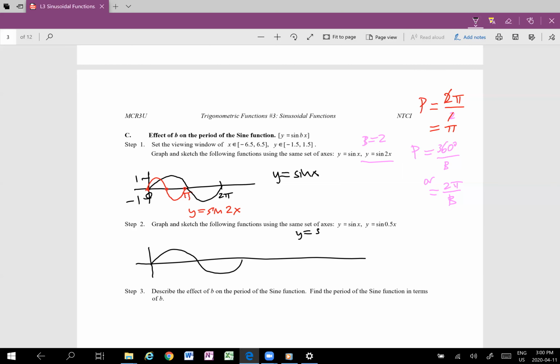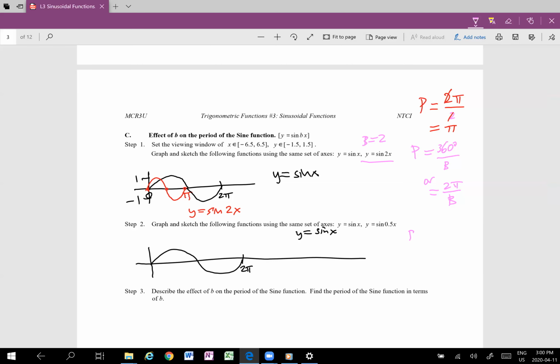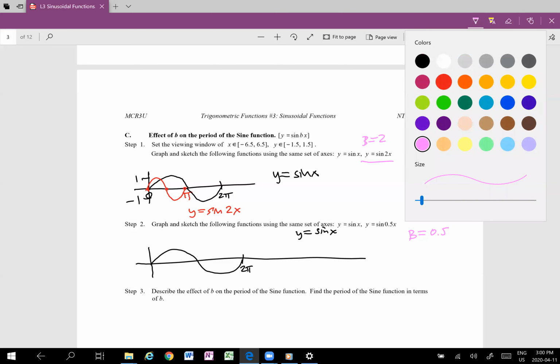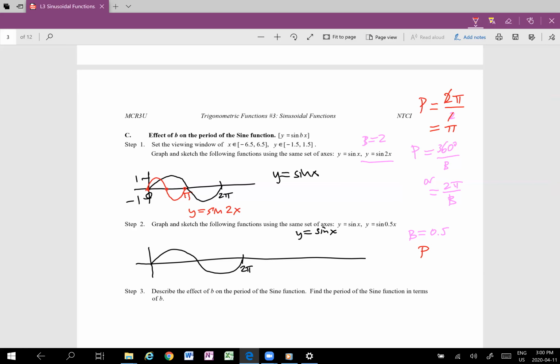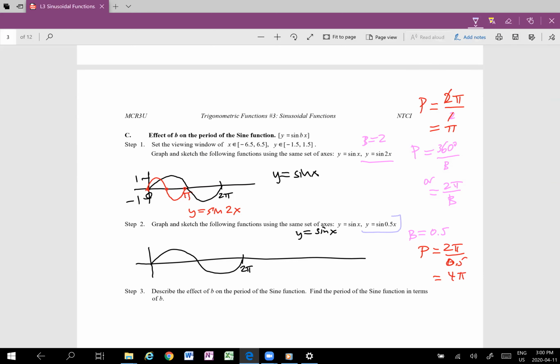So that's y equals sine x. And the second example that we have, the b value is 0.5. So what's the period? 2 pi divided by 0.5 is 4 pi. So we need to graph this guy.